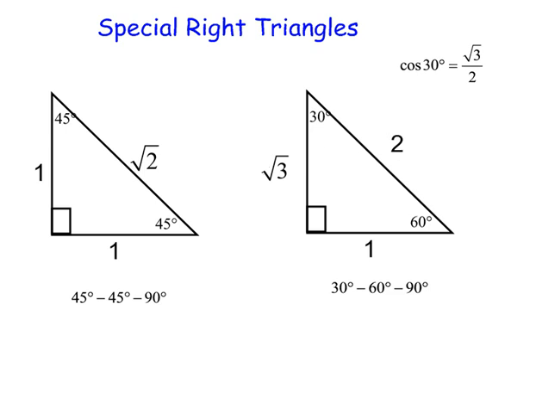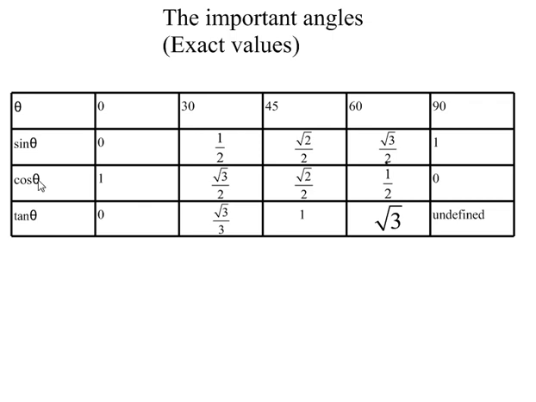That's why if you look at our chart here, it says the cosine of 30 degrees is radical 3 over 2. So all of these values that you see here, they all come from the special right triangles. And the values shown here are shown with the denominators rationalized.